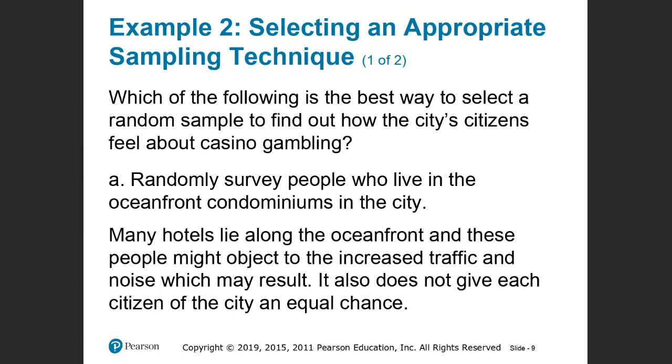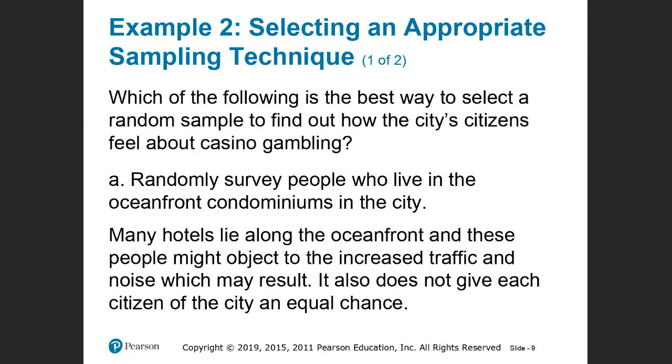Okay, so now we have an example here. Which of the following is the best way to select a random sample to find out how the city's citizens feel about casino gambling? As we said a while ago, you should consider all the different parts of the population, including the inside of the casino, the employees, those who occasionally visit the casino, and also outside the casino.